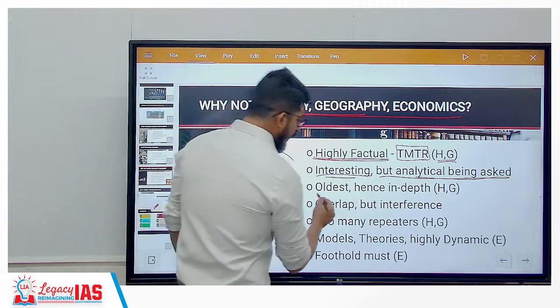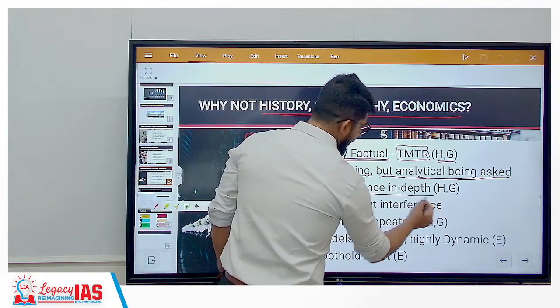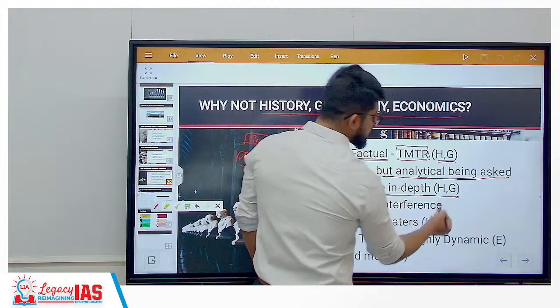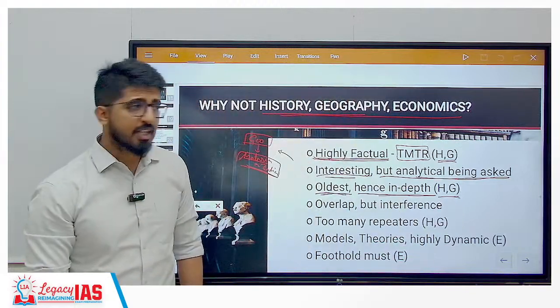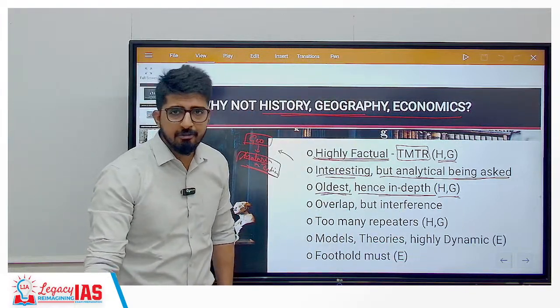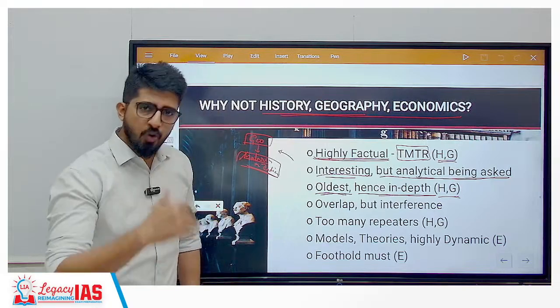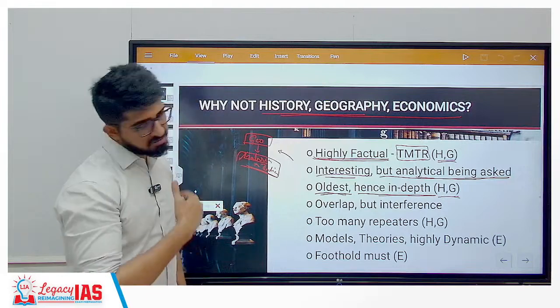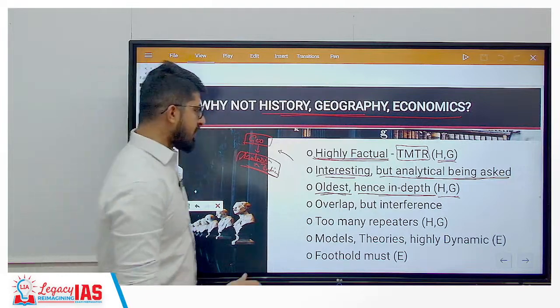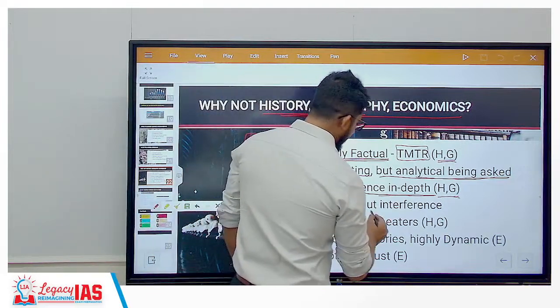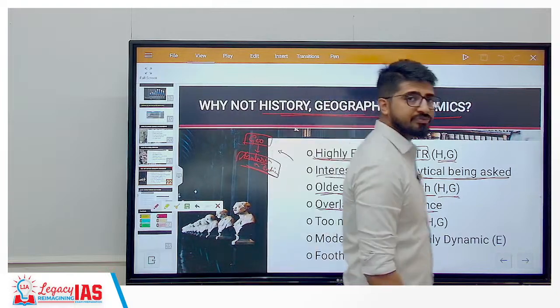And next, oldest, hence in-depth history and geography. They are the oldest, which is why you tend to get very in-depth questions, because they have exhausted almost all the areas. Overlap, but interference.